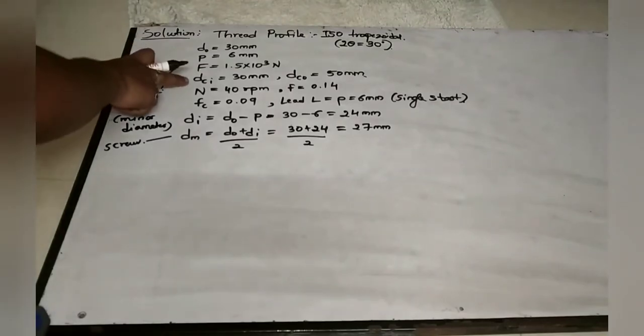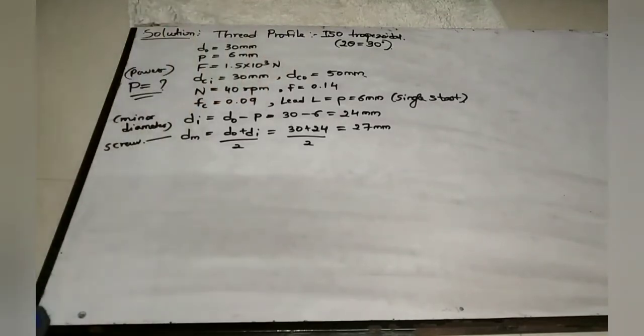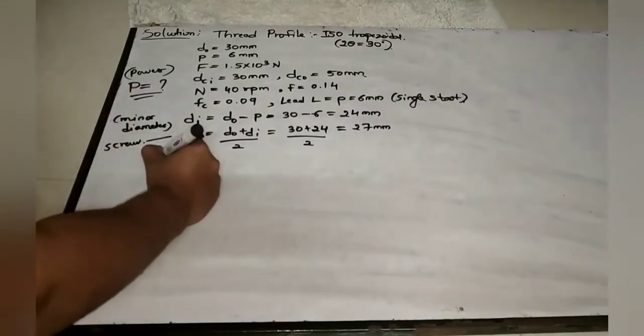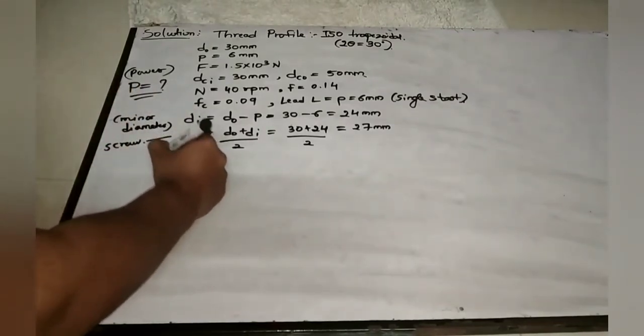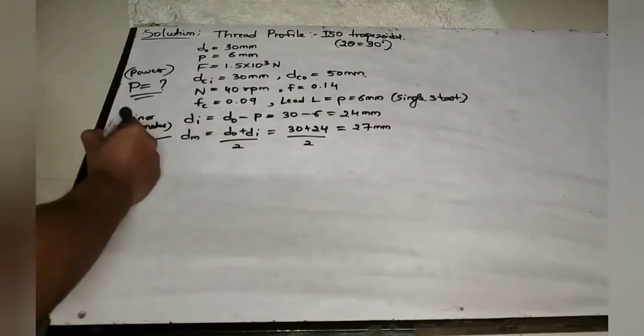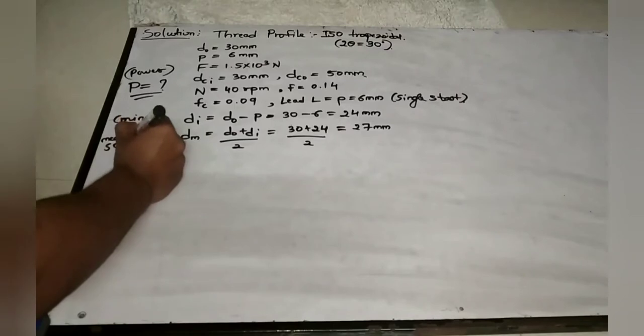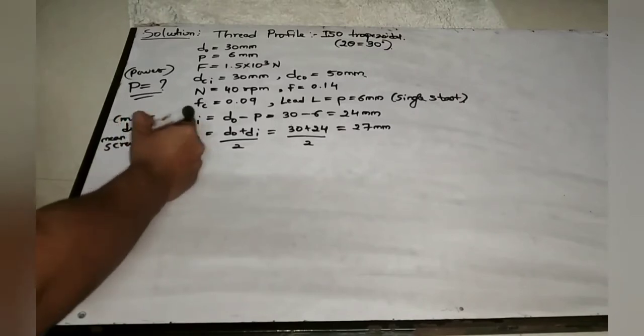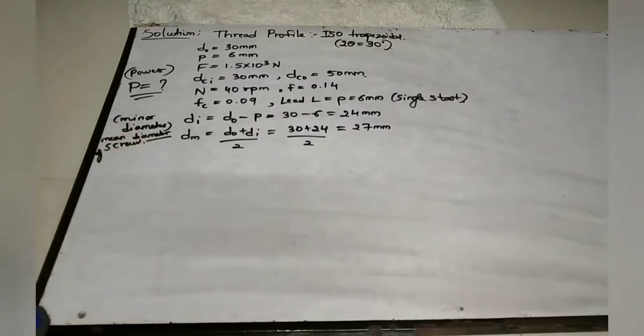Now collar inside diameter and outer diameter are also given. So what is the mean diameter of a collar? That we will find. Here dm is the mean diameter of the screw.